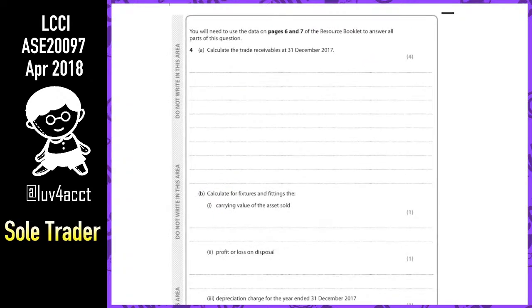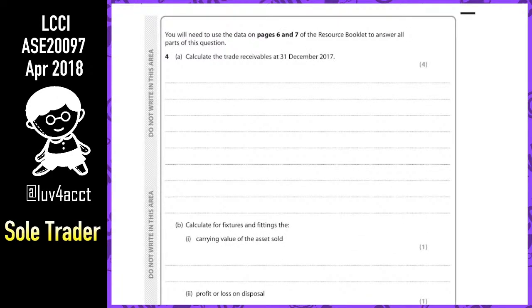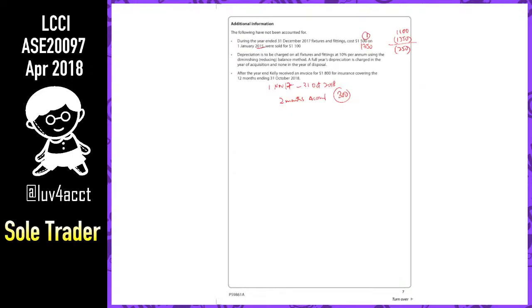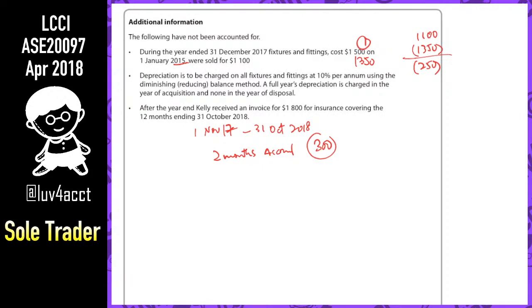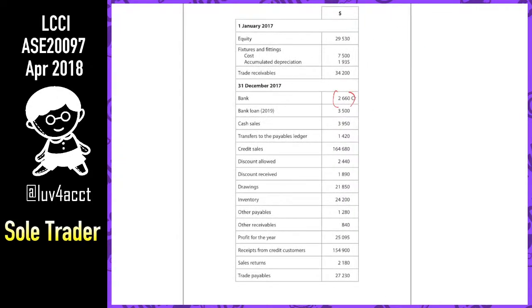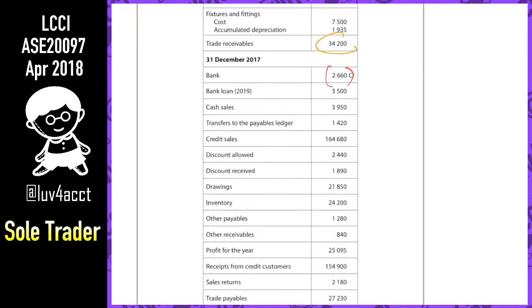Okay, what we have to do is calculate the trade receivables. Here we do not have anything related to trade receivables, so everything happens in here. Opening trade receivables, and then we have cash sales not related, credit sales, and then transfer.